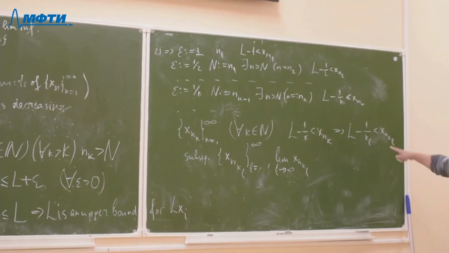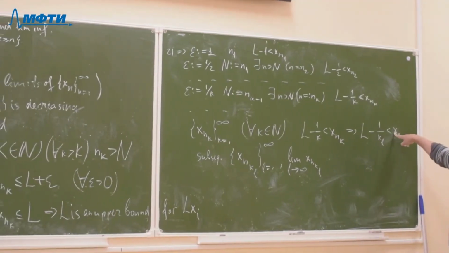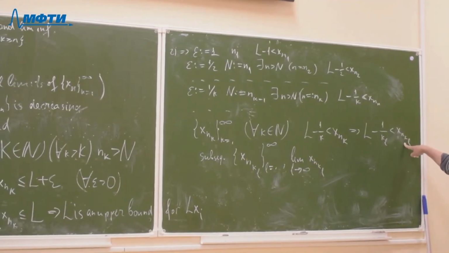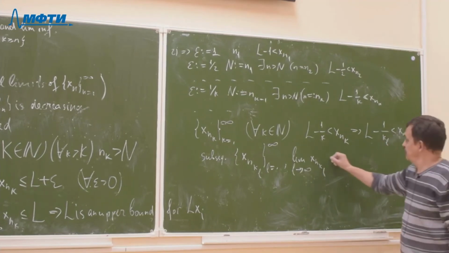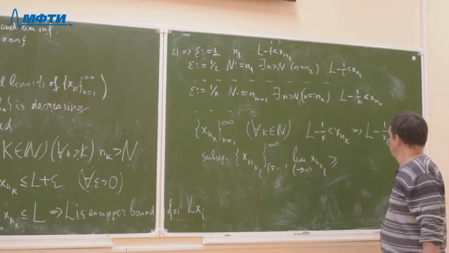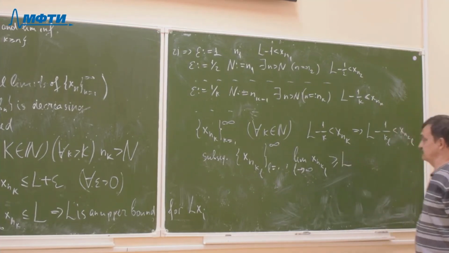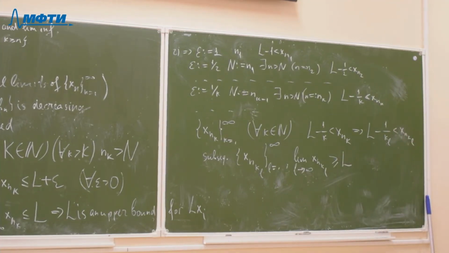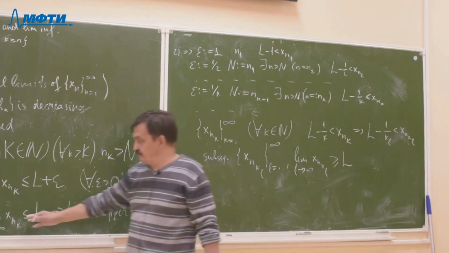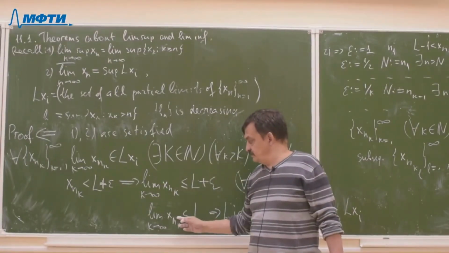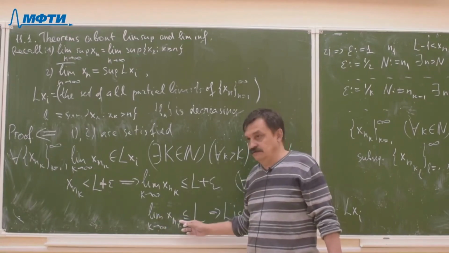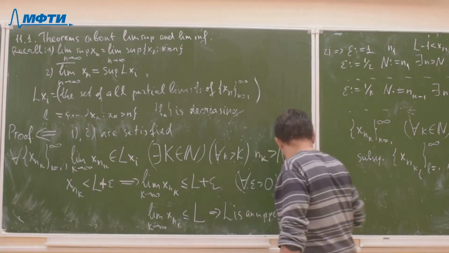And then, now we know the limit exists, so the limit will be greater or equal than the limit of the left-hand side, and the left-hand side is L, right? And as we proved, an arbitrary convergent subsequence has a limit less or equal than L.